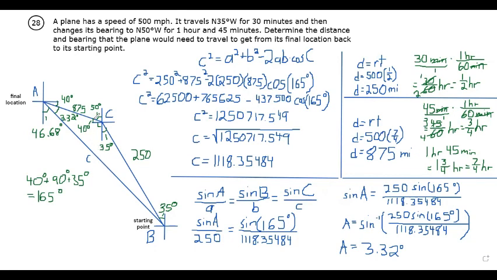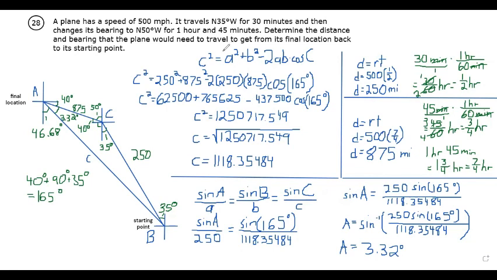So basically, if we know what this angle is, and we know what this side is, and we know what this side is, we can actually determine what this third side should equal. And we can do that using the law of cosines.